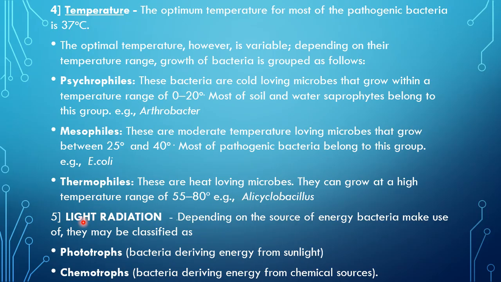And then the next factor is light radiation. Some of the bacteria require light, and they derive their energy from light, and some other bacteria derive their energy from chemicals. Depending on the source of energy bacteria make use of, they may be classified as phototrophs.